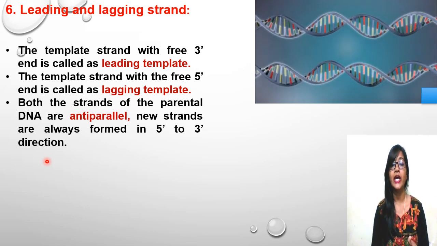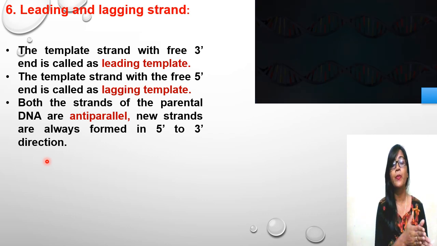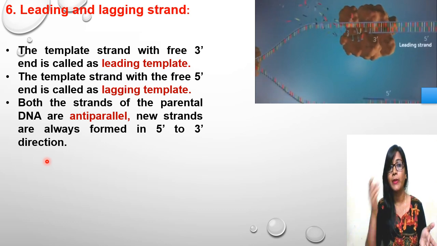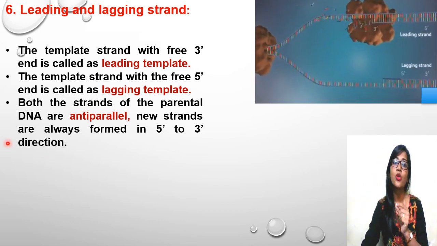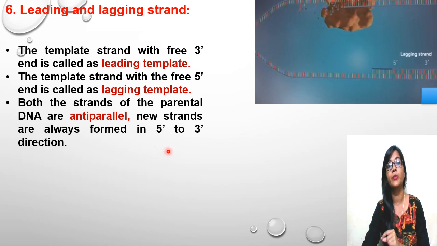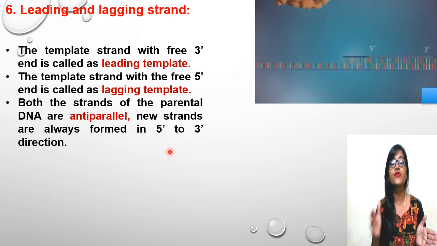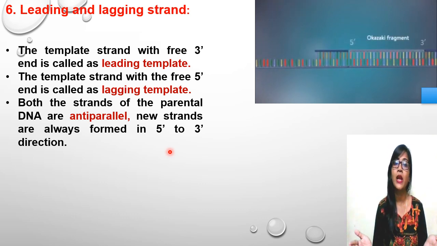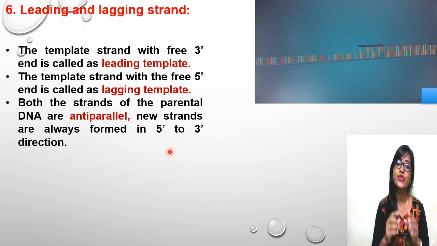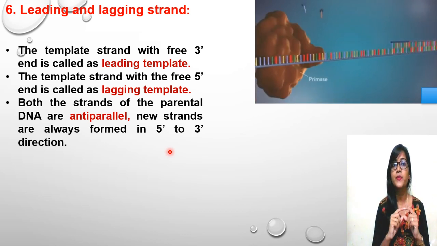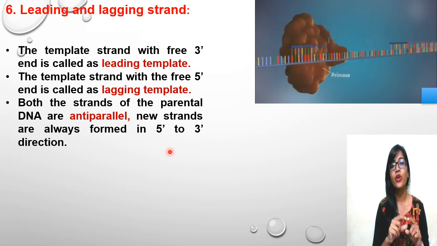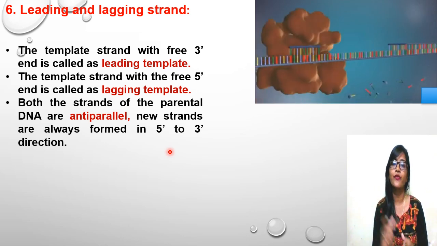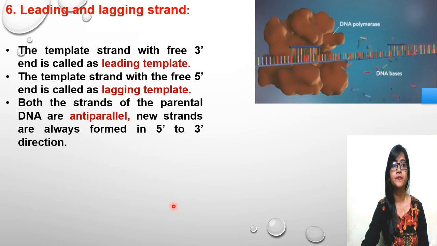So because of that, one is 3' to 5', another is 5' to 3', and new strands are always formed in the 5' to 3' direction. So the one with 5' to 3' can get formed continuously, but for the other with 3' to 5', there are complications. So the strand activity is a little complicated, and it occurs in segments or small chunks of DNA segments.